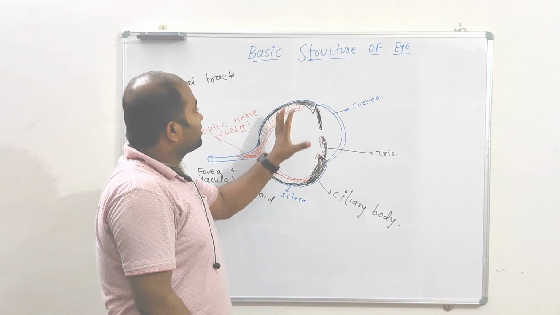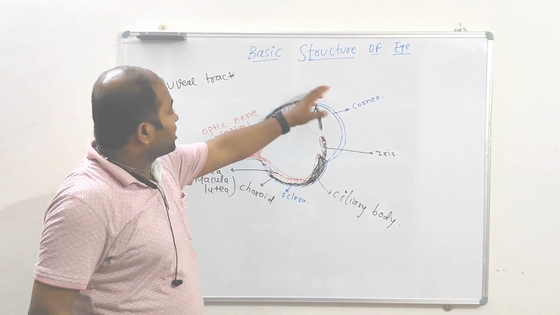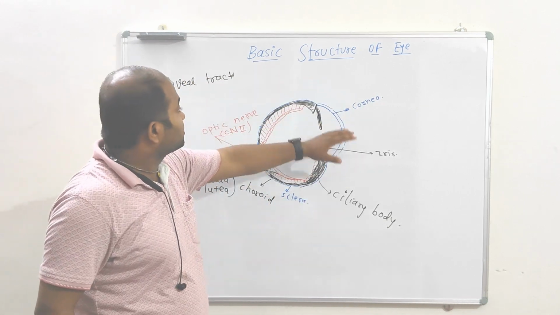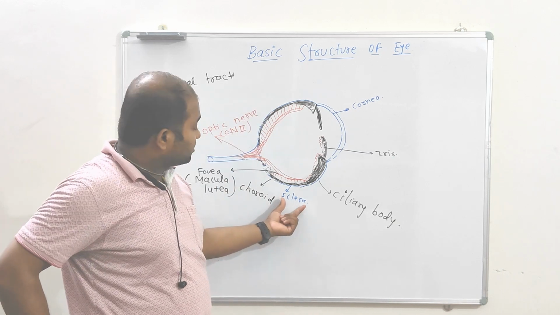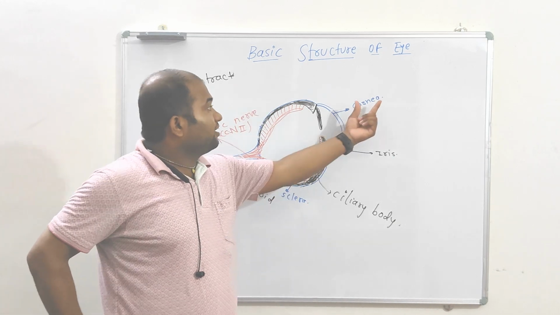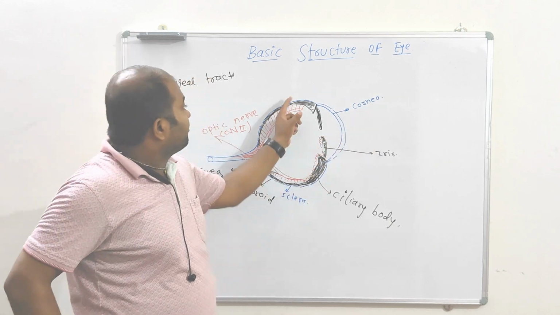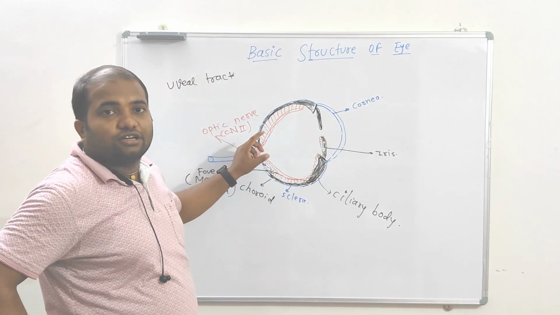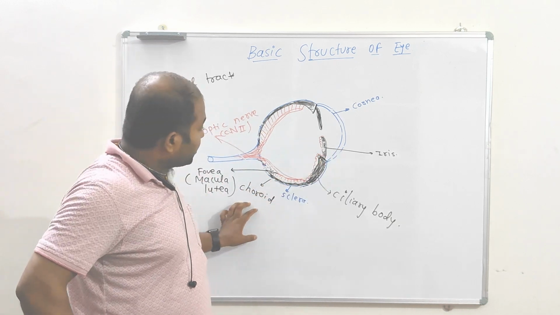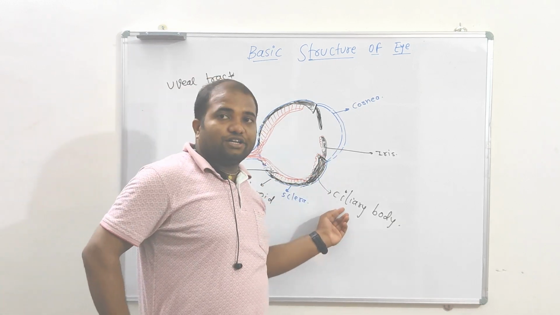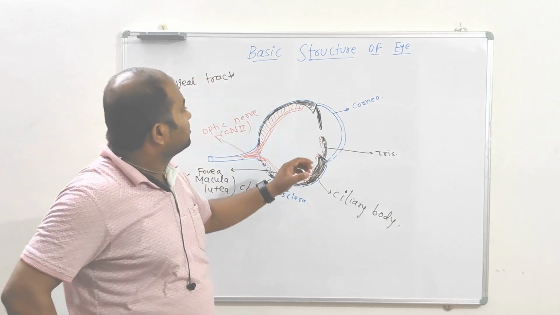So we have studied the three coats of the eye. Just revise it once. First is the outer coat, which is divided into two parts, that is sclera and cornea. The middle coat is divided into three structures: from posterior to anterior it is choroid, ciliary body and iris.